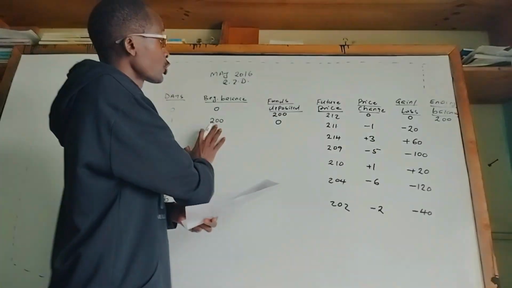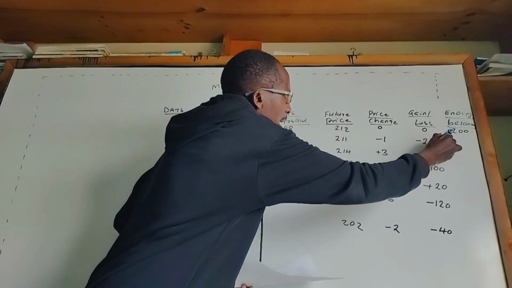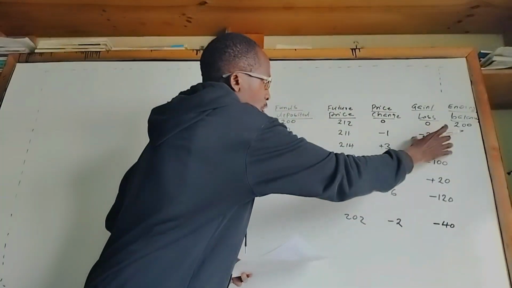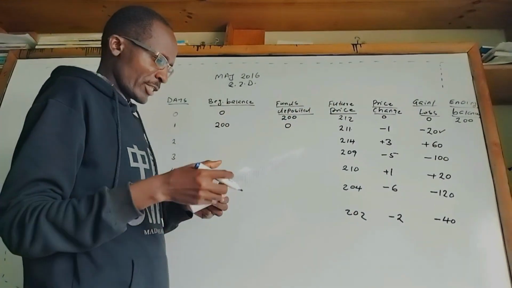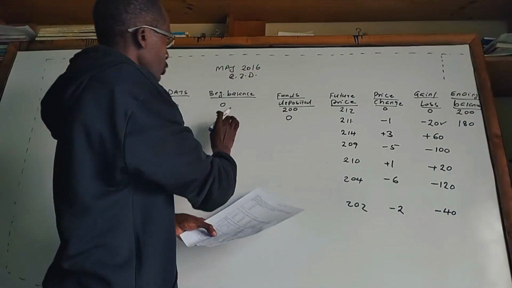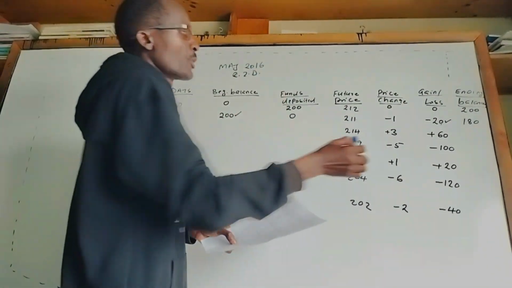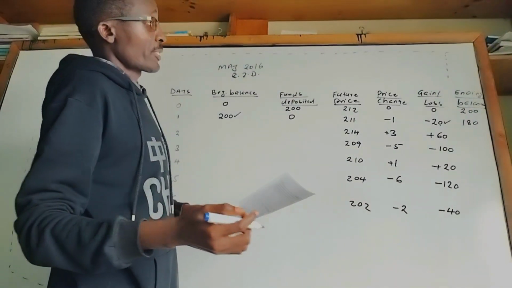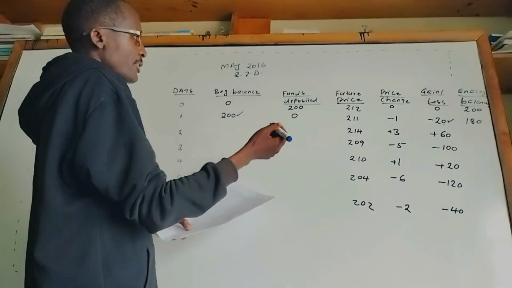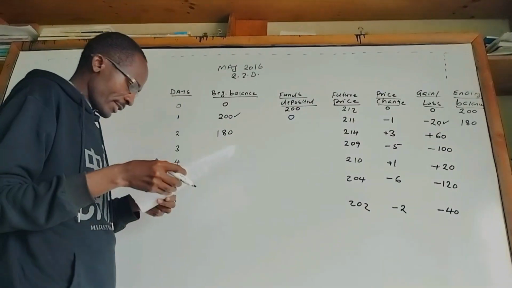You started with 200 by the start of day 1. We have a loss of 20. So our ending balance will be 180, which is 200 minus 20. Now 180 is the closing balance by the end of day 1. So that becomes our opening balance by the start of day 2. So this becomes 180.